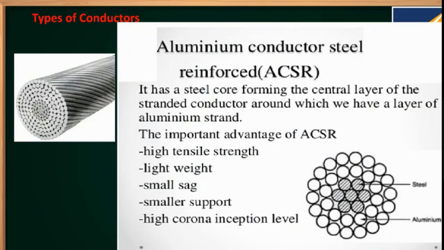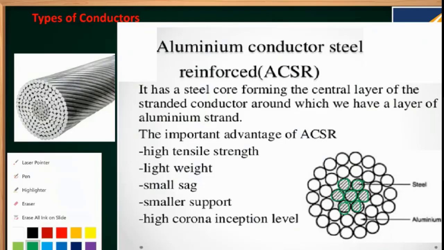You can see here, these are all steel strands which I am marking in green, and the majority of strands, the outer strands, are made up of aluminum. So it has a steel core forming the central layers, around which we have layers of aluminum strands.